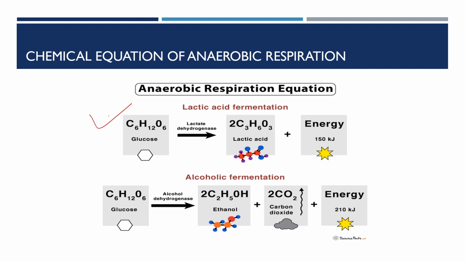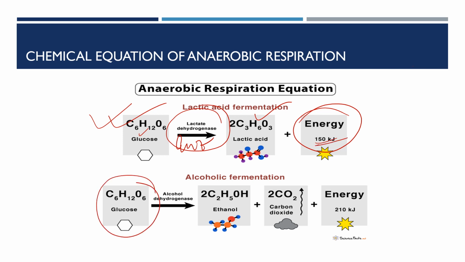Here you see glucose in presence of lactate dehydrogenase enzyme, which converts glucose to lactic acid and energy; 150 kilojoule of energy is produced. This is lactic acid fermentation, which is produced in human muscle cells.